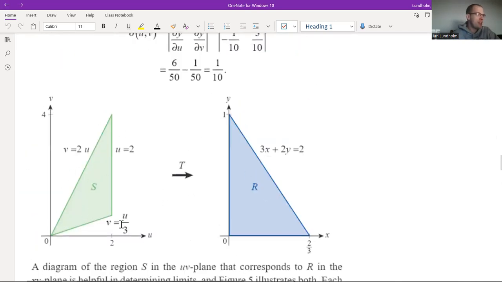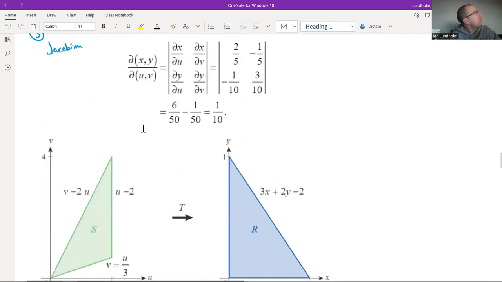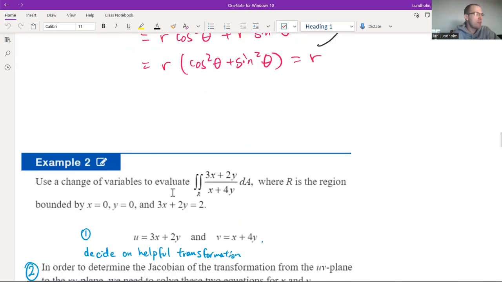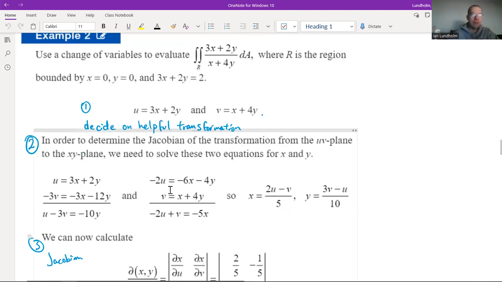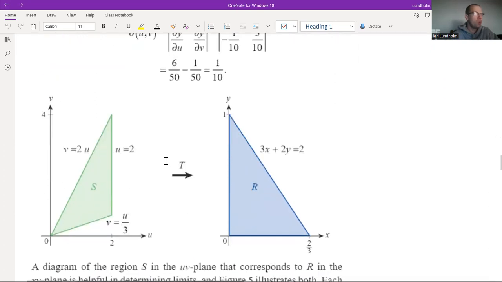This again is just a diagram of the two regions. When you're using a Jacobian determinant like this, it seems like the transformation is backwards from the way that you might initially imagine it, because what we're doing is we're changing from xy coordinates into uv coordinates, but the way that we're calculating this Jacobian determinant with x and y on top and u and v on bottom really does correspond to kind of u and v coordinates being transformed into x and y coordinates.